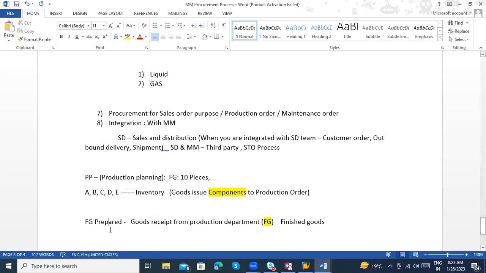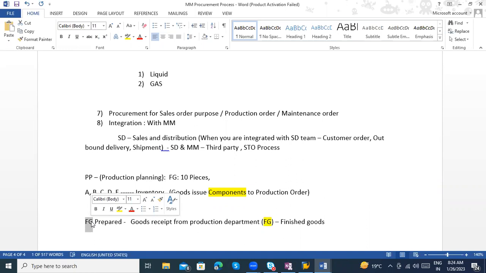Suppose I have some rice packets, and now I don't have any. Immediately I approach the production team: boss, I don't have rice bags, can you produce the rice?